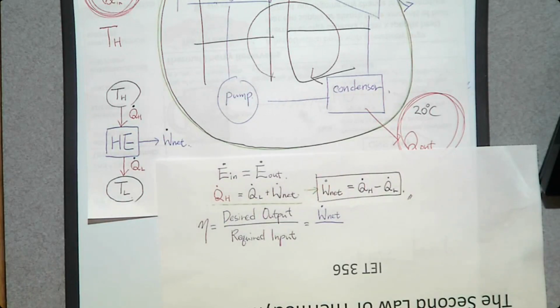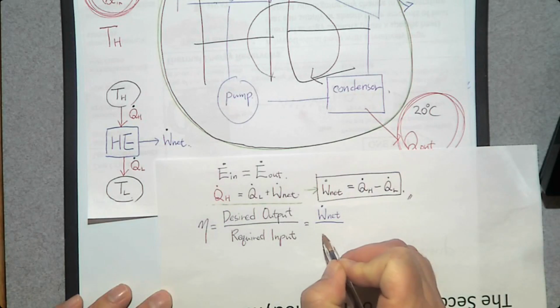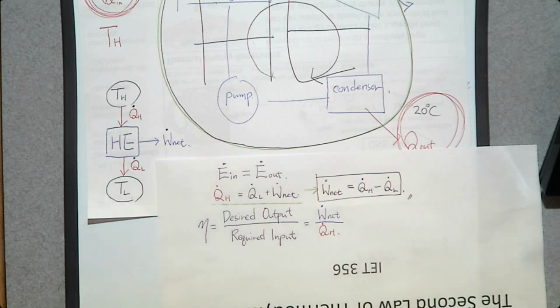We need to produce high temperature heat so that we can produce steam that will run the turbine, right? So what is the required input? Q dot H. So we need to have heat transfer from the source of thermal energy to the heat engine. Q dot H is the required input. That's how we determine the efficiency of this heat engine.